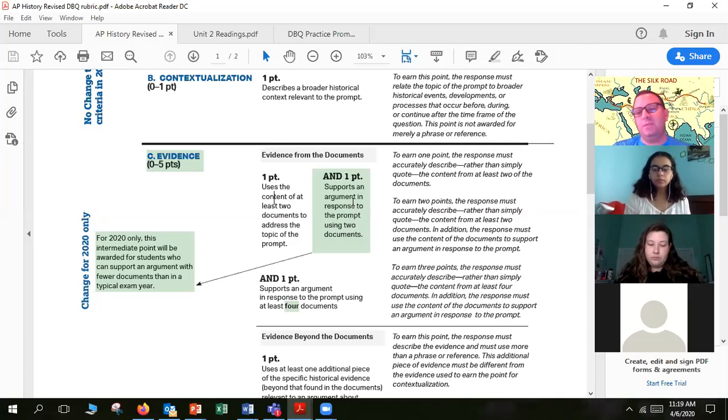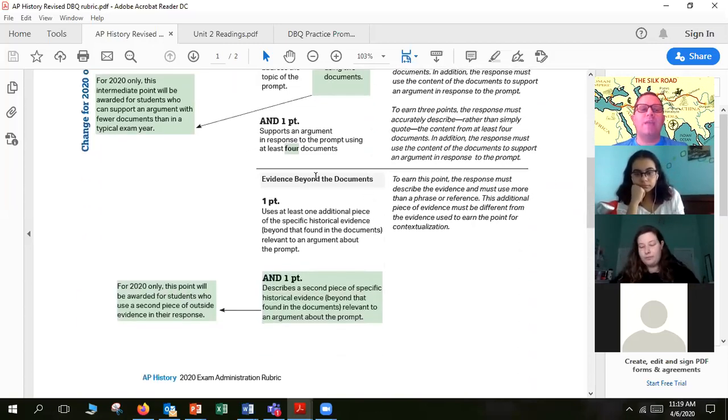So if there's a document that you look over that makes zero sense to you whatsoever, you have no idea what it's saying, you have no idea what it means, because you have such limited time, my recommendation would be not to spend too much time on it. Just go ahead and move on, because you can still earn all of your points.